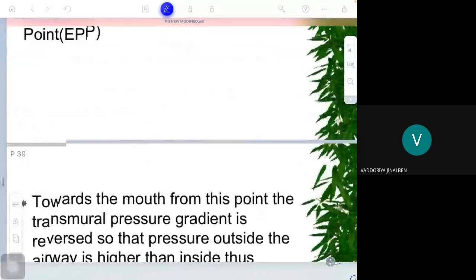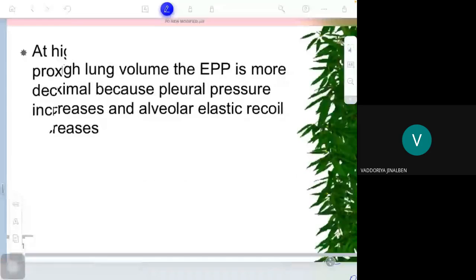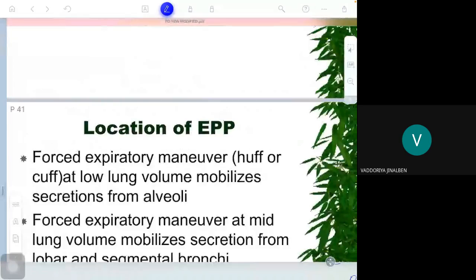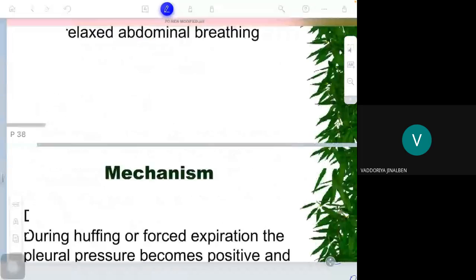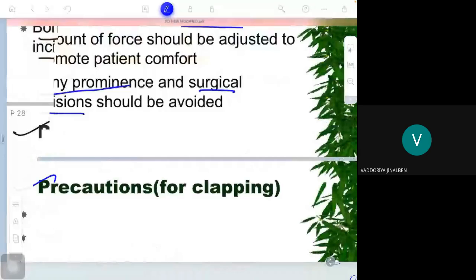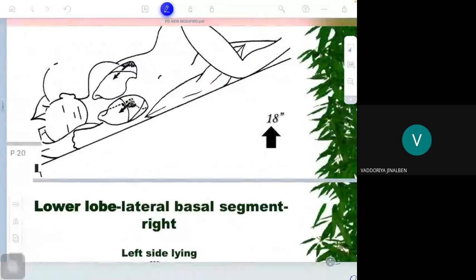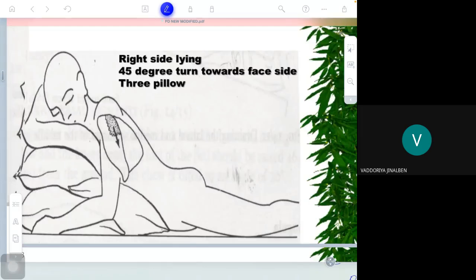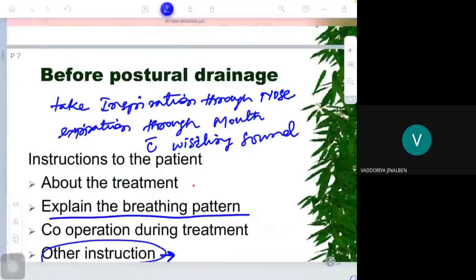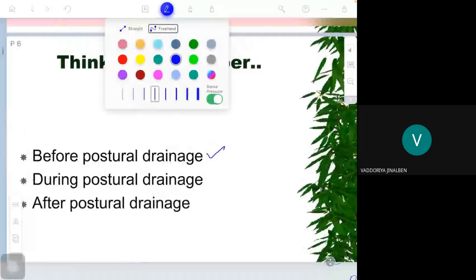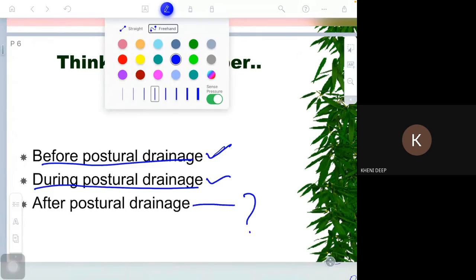So we will discuss the rest in the next class. I think it's enough. We have studied things to remember before postural drainage and during postural drainage. We have completed these two topics, and the next topic we will discuss in the next class.